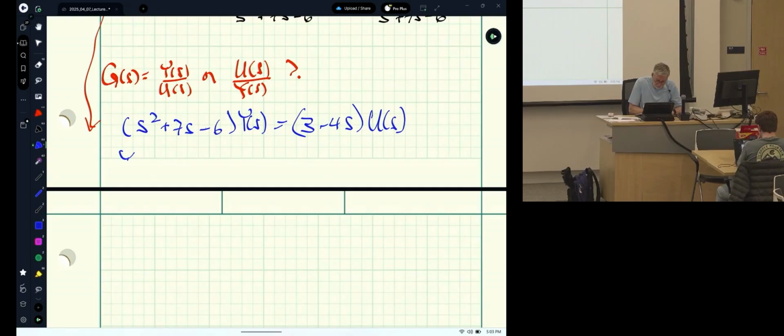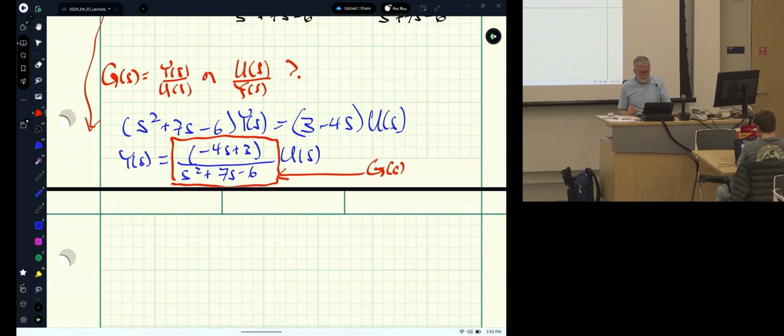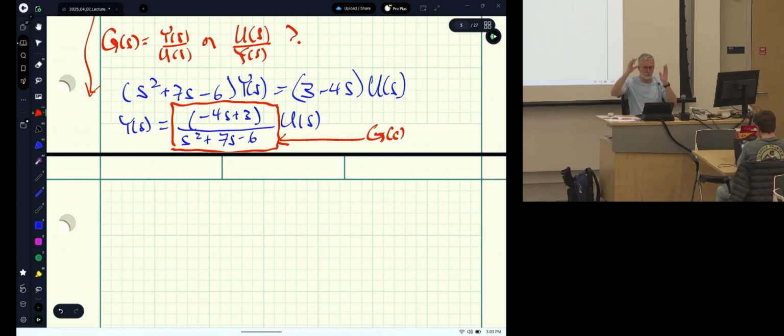Okay, so I get Y of s is, and just to be honorary, I'll put them in decreasing order. So whatever is multiplying U, that's G of s. So that's how to remember it. Y equals transfer function times U.